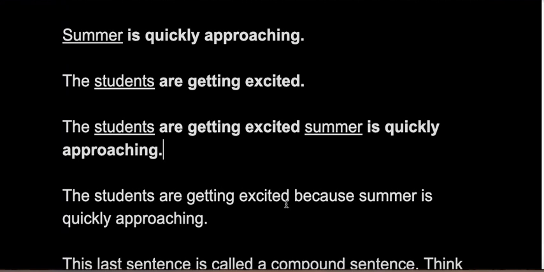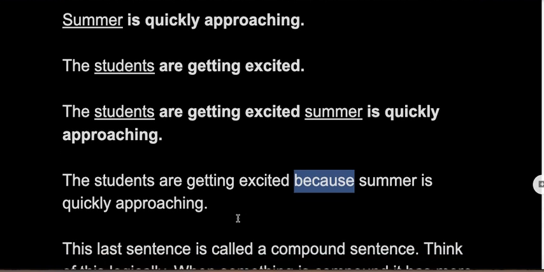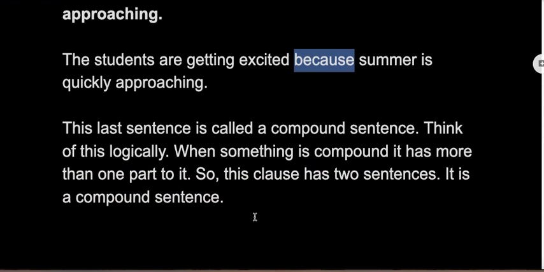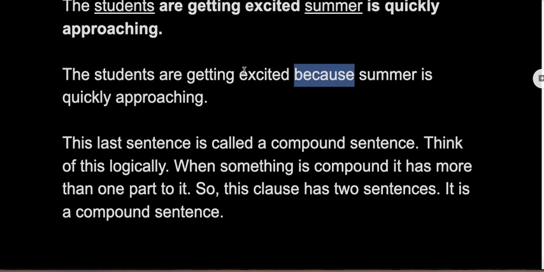The students are getting excited because summer is quickly approaching. This word here, the word because, makes this a compound sentence. The word compound means more than one. So this clause has two sentences.